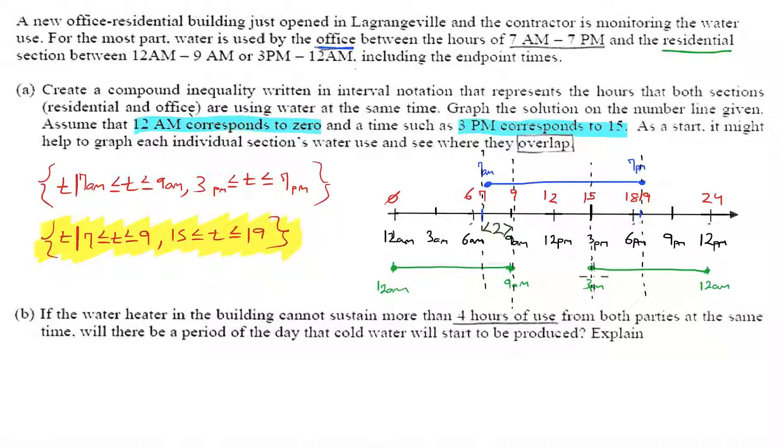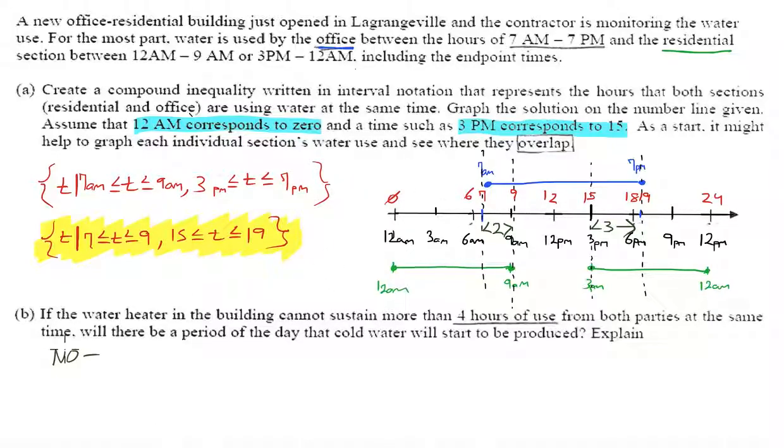And between 3 p.m. and 7 p.m., or between the hours of 15 and 19, it's a 3-hour span. Which means there are no 4-hour spans where both parties are using water, okay? So the answer is no, all right?